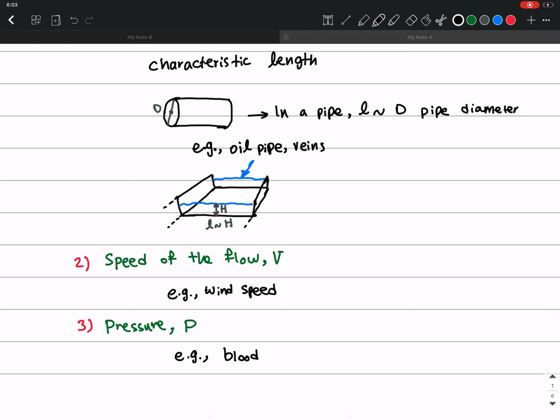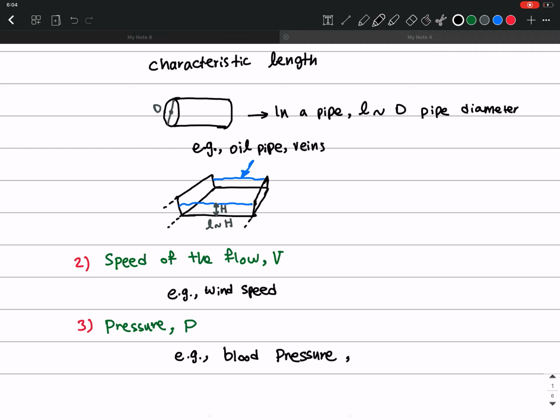You have heard it in different medical contexts. Blood is also a fluid, okay? And the pressure of the blood, we show it with P, and that's an important fluid parameter, okay?